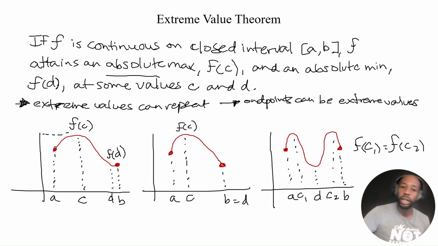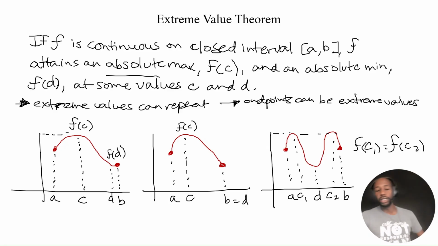These are the same value, at the same height. I meant to say that this matches the first sub point that I made, that you have repeating extreme values. So this in a nutshell is the extreme value theorem.